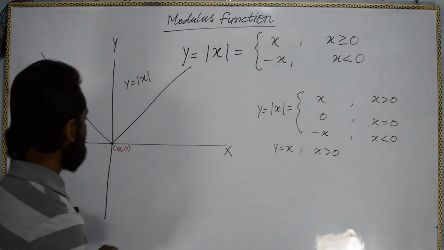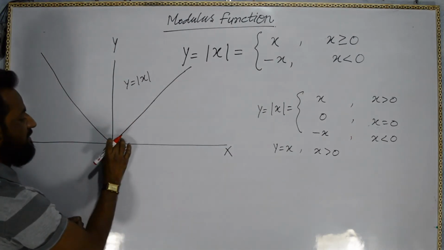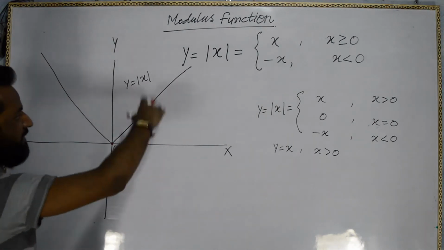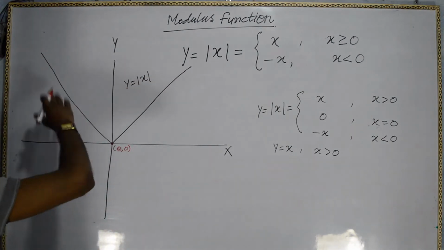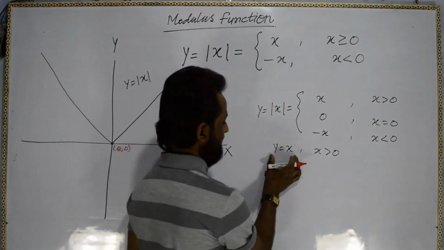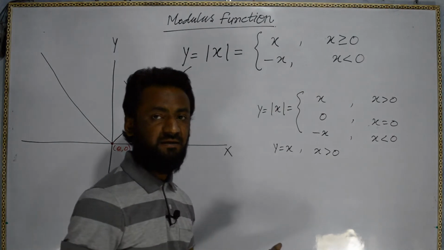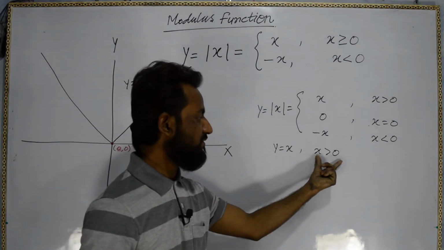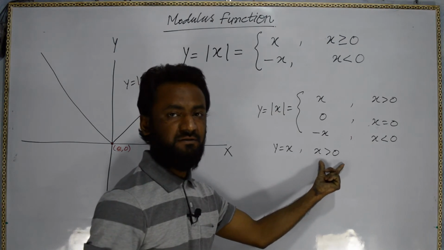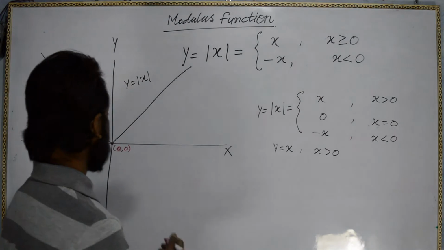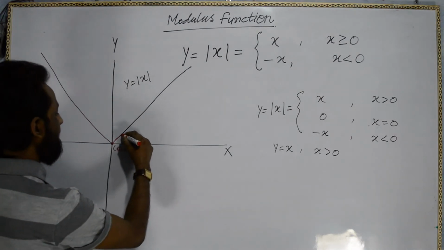When x is positive, so x will be positive on this portion, from here it will be positive that side, x will be negative this side. So this fully is positive and this fully is negative for x. So y equal to x is a line, or we can say this is kind of an identity function for x positive values. For positive values of x, this y equal to x is an identity function. So for that we have this line.